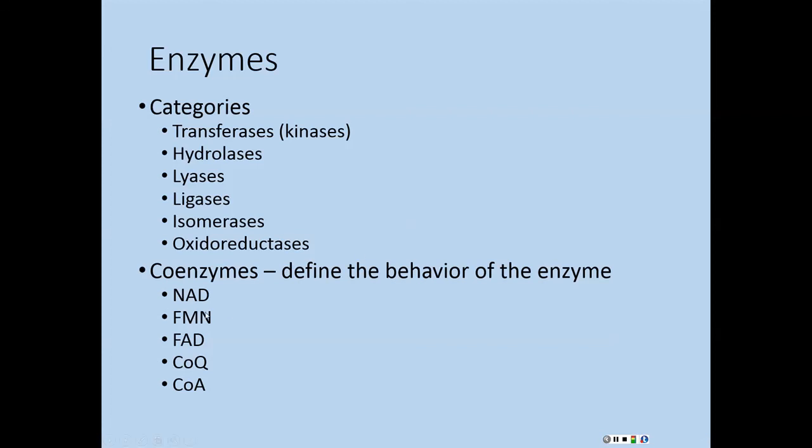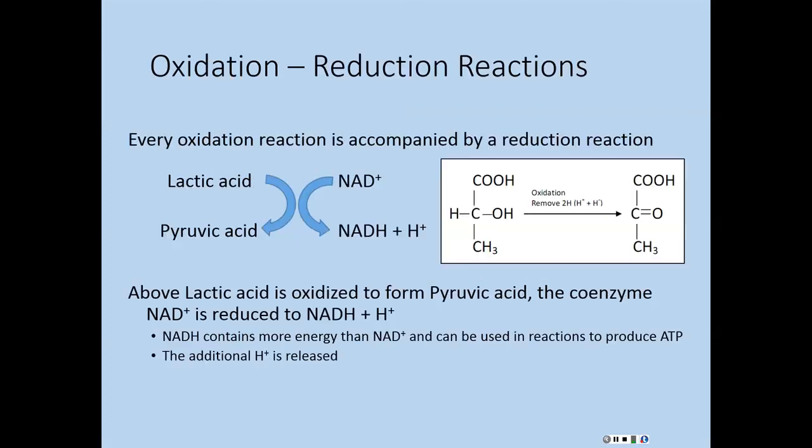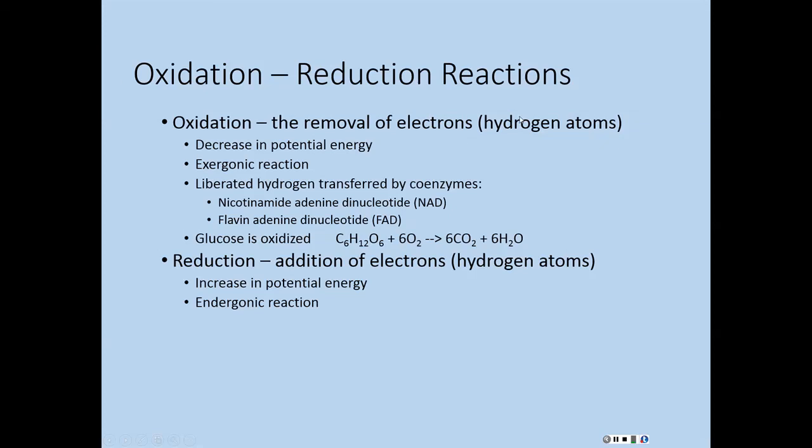The FMN, the NAD, FAD are all linked to different vitamins. They are essential in helping control the activity of an enzyme. And in our case, we call them electron carriers. And so, remember, I might skip back to this one, it's not just electrons, we really mean hydrogen atoms.